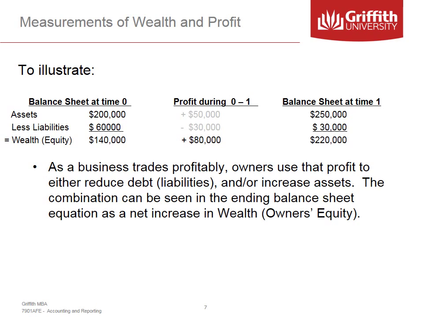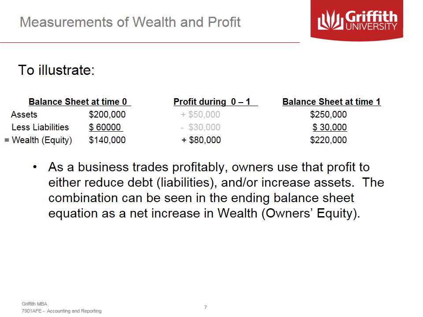Now what that clearly tells us is that the owners of this business have become more wealthy over the time period which has elapsed from 0 to 1. So we asked the question, well, how did you become more wealthy? And the obvious and generic answer is that, well, we traded at a profit. And so there in the middle is the profit, which is calculated as $80,000. Now what we're seeing here is that having earned a profit, that's to say traded profitably, there is this excess which the economist Hicks would say we haven't consumed.